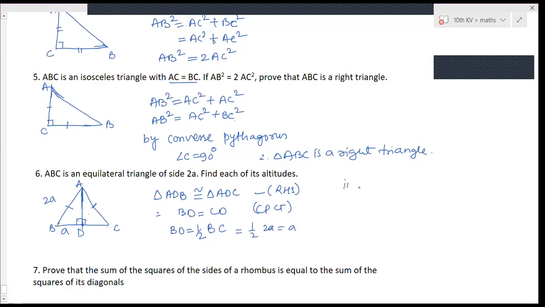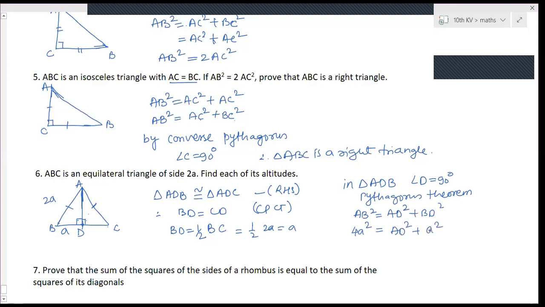Then find the AD value. Pythagoras theorem. In triangle ADB, angle D is equal to 90 degrees, so according to Pythagoras theorem, AB square is equal to AD square plus BD square. AB is 2A whole square, that is 4A square. AD square is to be calculated. This is A square. Plus A square will come to the LHS and it will become 3A square, AD square.